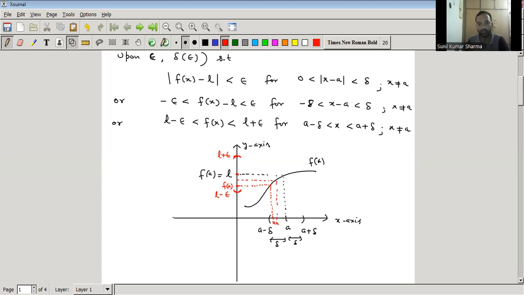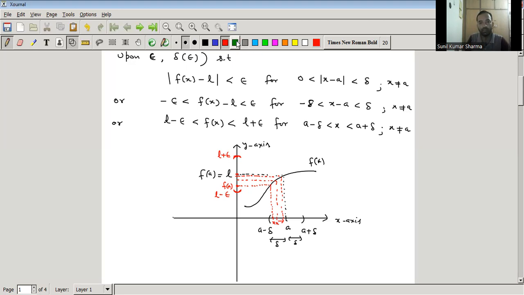So as x goes to a, f(x) goes towards L. So from the left hand side, as x goes toward a, f(x) goes to L.